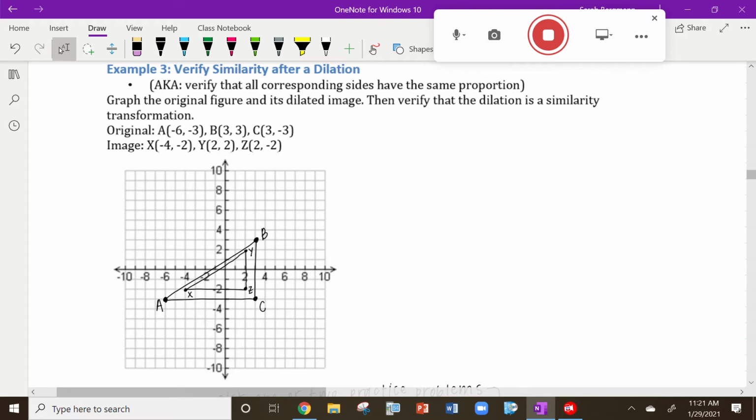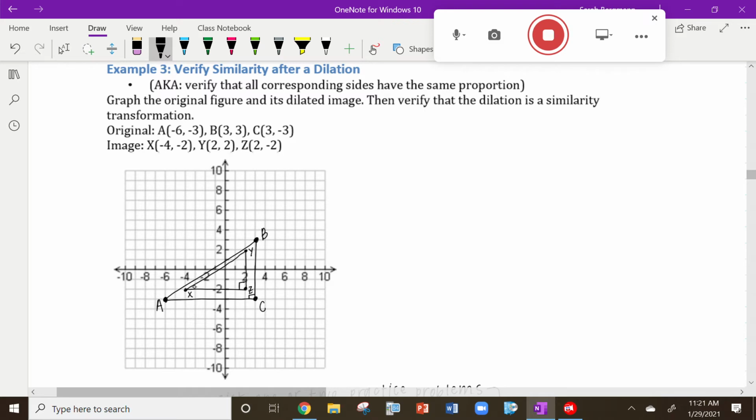First, I will graph the original and the image. Now, in order to verify that the dilation is a similarity transformation, I need to verify that it has the same angles. So I would look mainly at the slopes here. I know that those are right angles because it's a horizontal and a vertical.